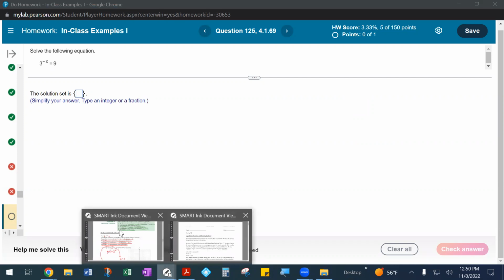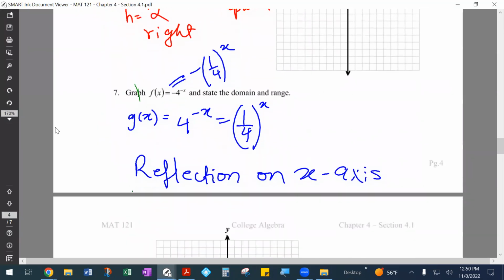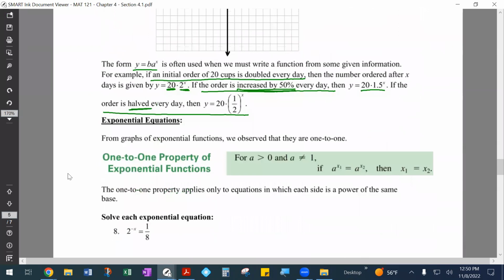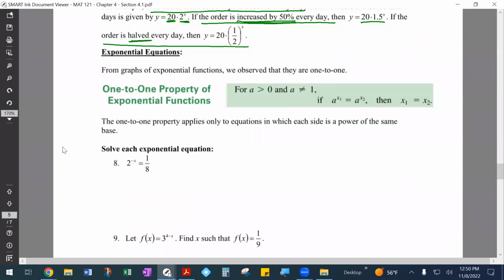So the last part that this section actually gets into is how we can take kind of algebra and put it in with exponential functions. So basically how to solve an exponential equation. So this is where we bring in this idea of the one-to-one property, and you had talked about this way back in section 2.5 when we first introduced inverse functions.